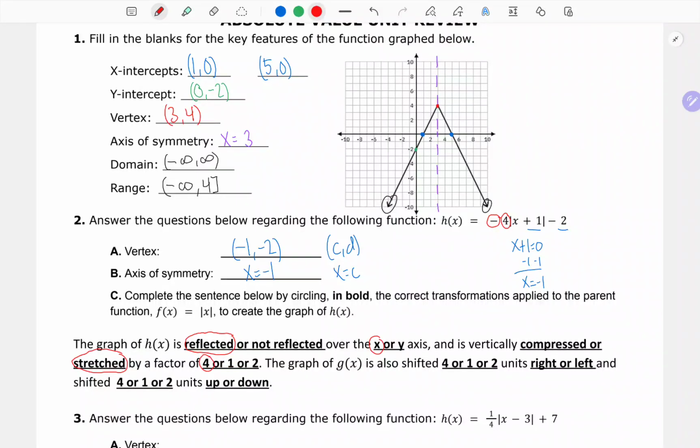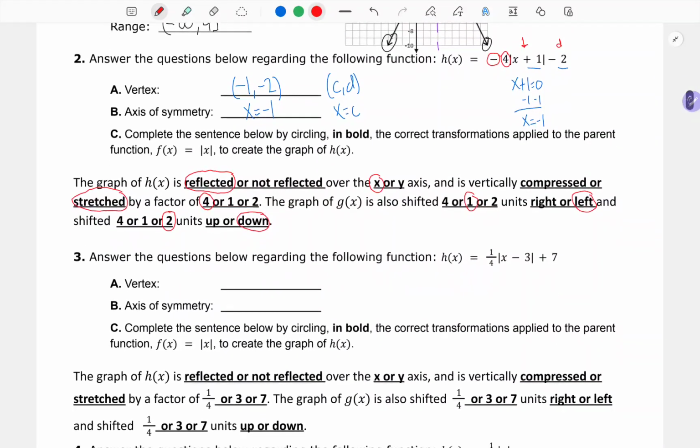The graph of g of x, I think they meant to say h of x, is also shifted right here. This is inside the absolute value right here. So it's shifted 1 unit, and since it's inside, it actually goes to the left. And then this d value right here is shifted down 2 units.